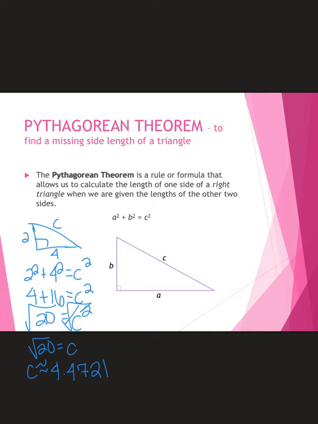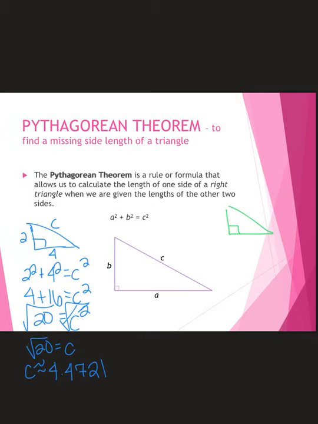Okay, well, what if I know the hypotenuse and a side? So what would that look like? So if you know the hypotenuse and a side, then you're going to have, let's just do 3 and 5 here.